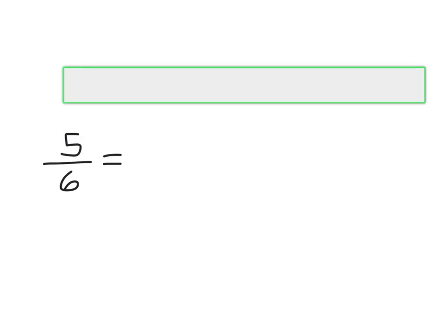Okay, so for me to make 6 equal parts, I start by making thirds. Take the thirds and cut those in half, and that would make your sixths. Okay, now to represent 5/6, I'm going to shade 1, 2, 3, 4, and 5/6.